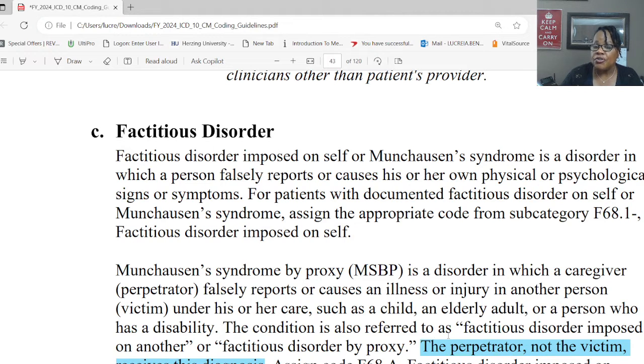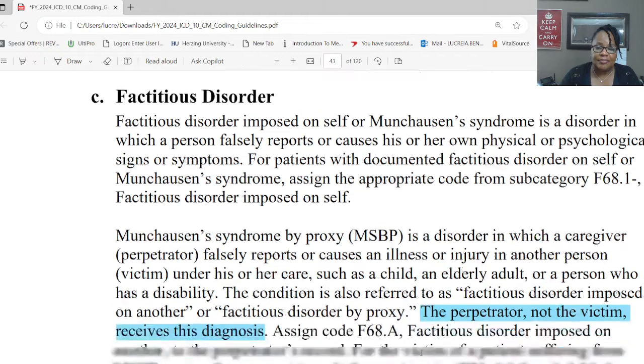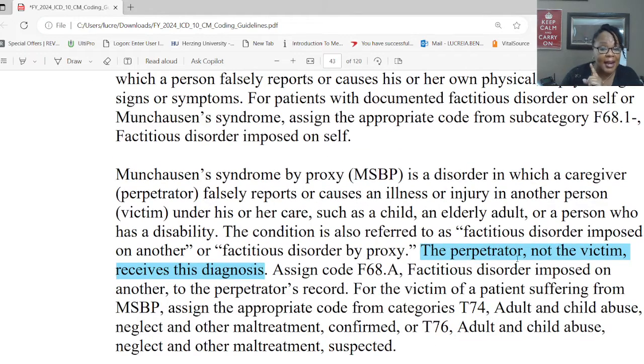The condition is also referred to as fictitious disorder imposed on another or fictitious disorder by proxy. The perpetrator, not the victim, receives this diagnosis. And you'd assign code F68.A, fictitious disorder imposed on another, to the perpetrator's record.